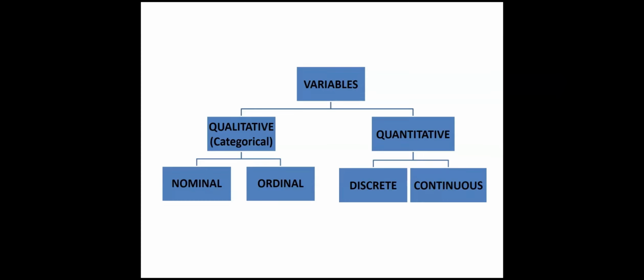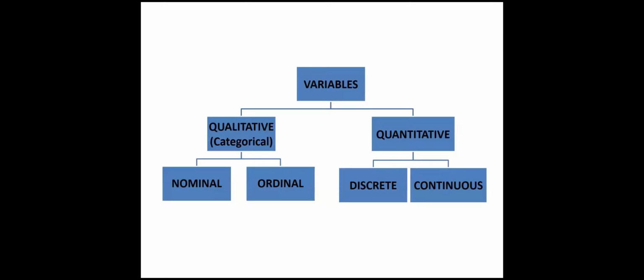And within qualitative variables, we have something called nominal variables and ordinal variables. What are nominal variables? There are categories which you fit into, but there is no classic order within these categories. For example, which blood group you have. There is no order in this, but stage of the cancer, there is an order in it, right?